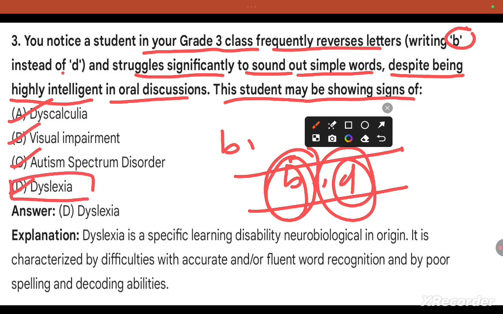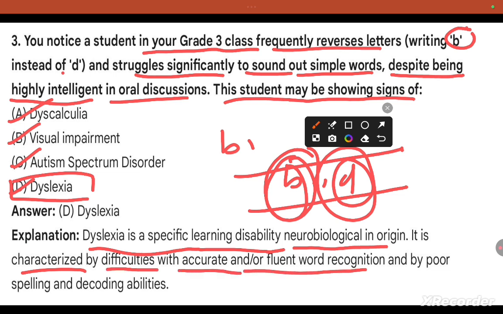What is dyslexia? Dyslexia is a specific learning disability, neurobiological in origin. It is characterized by difficulties with accurate and or fluent word recognition, confusion in word recognition, poor spelling and decoding abilities.